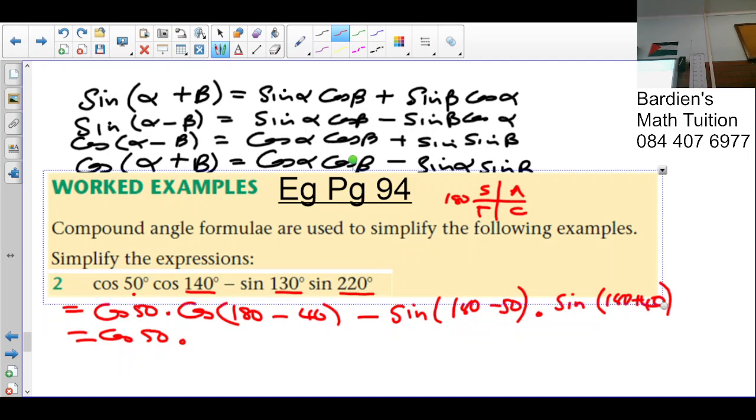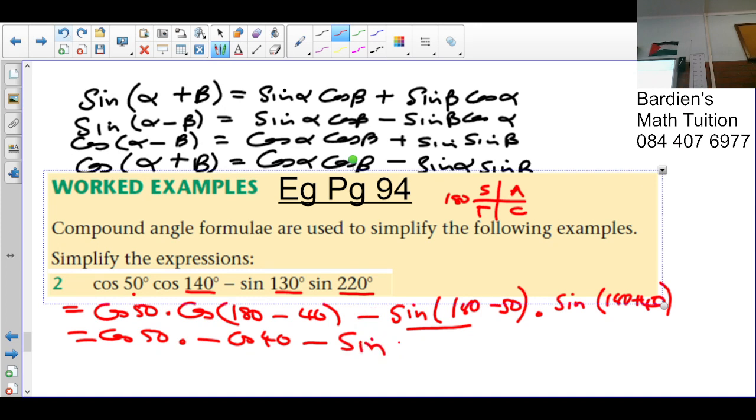180 minus 40 is in which quadrant? Second quadrant. Cos positive or negative? Negative. So here goes negative cos 40. Minus 180 minus 50, which quadrant is this in? Second quadrant. So that would be sine 50. Remember that sine is positive in the second quadrant, and positive times that negative is going to be negative.